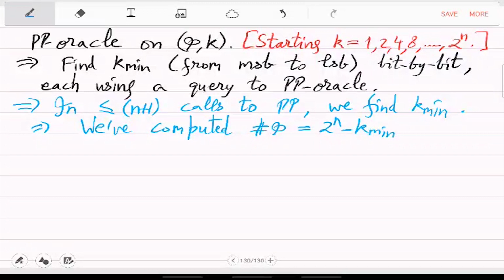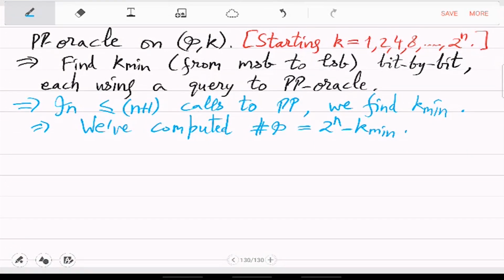Right. So once we find k min, then the difference gives us the number of satisfying assignments. So this is just an FP computation, right, with n plus 1 oracle calls to a PP problem, like the hardest problem in PP. So if you can solve PP, then you can solve #SAT.